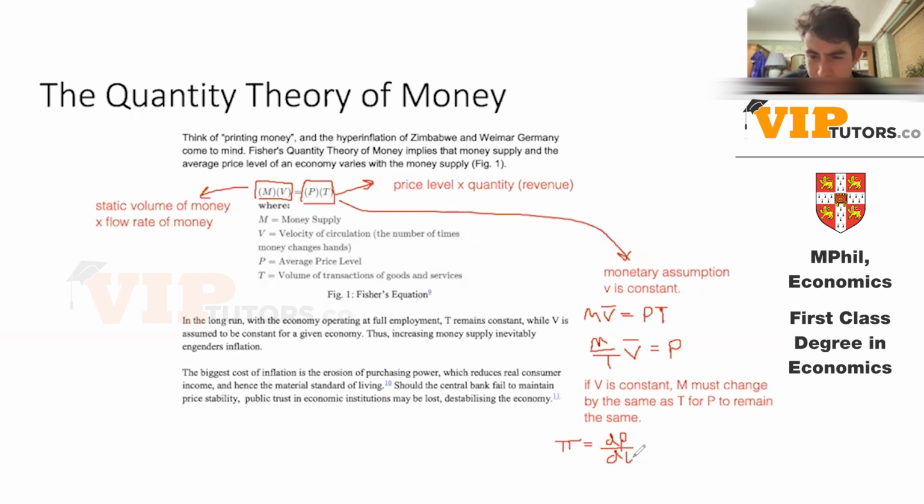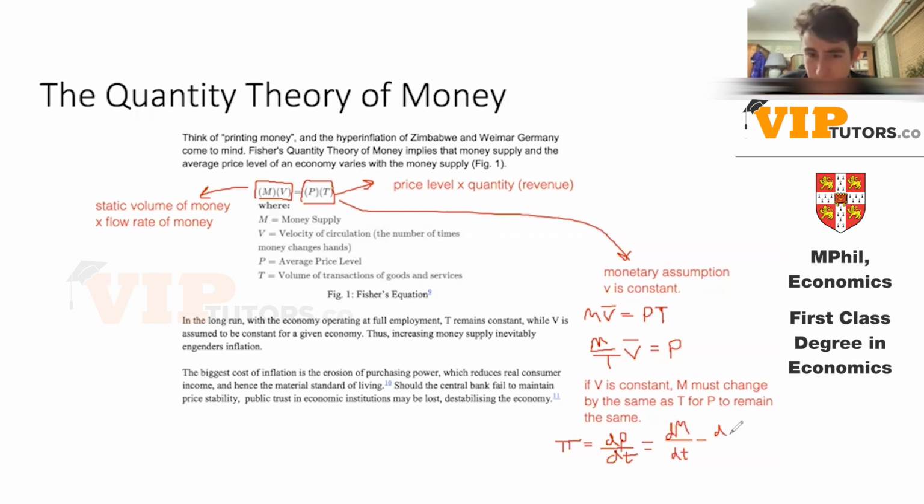dP by dt is equal to the change in the money supply, dM by dt, minus the change in the volume of transactions of goods and services.